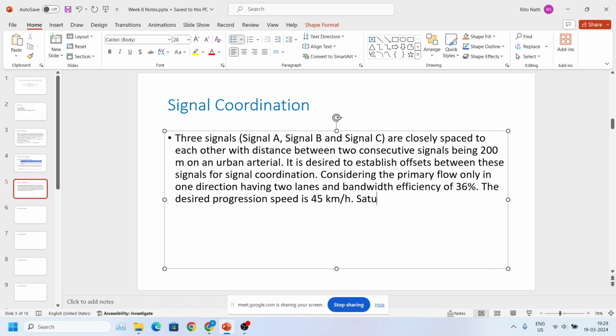Saturation headway will be taken as 2 seconds per vehicle, and the startup loss time as 2.5 seconds. Okay, so now this is the overall problem data.